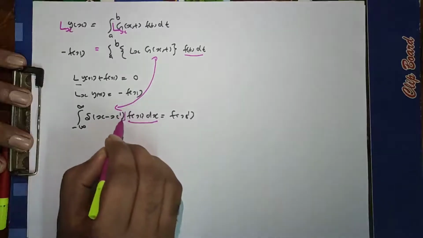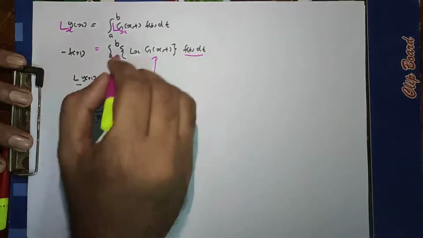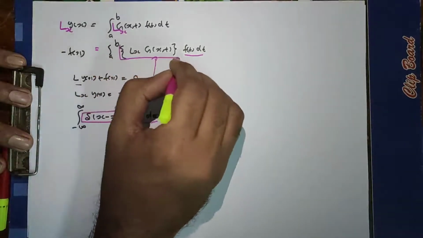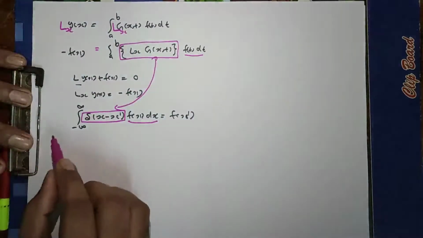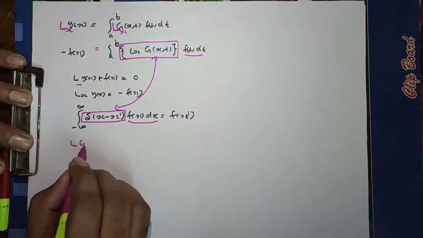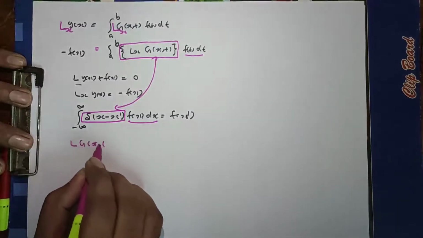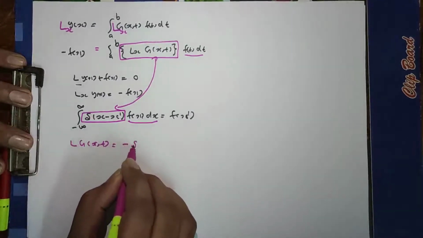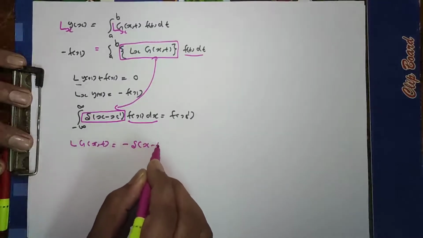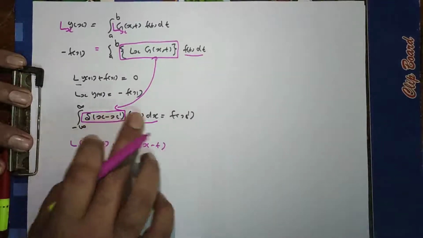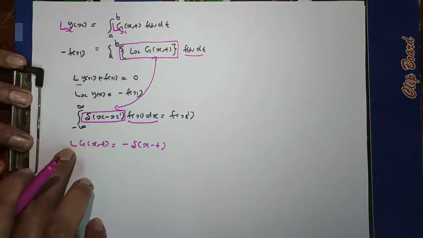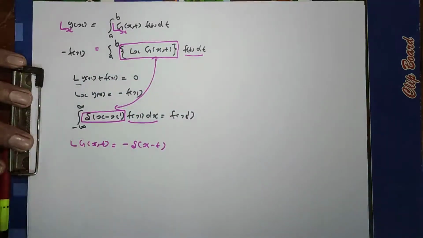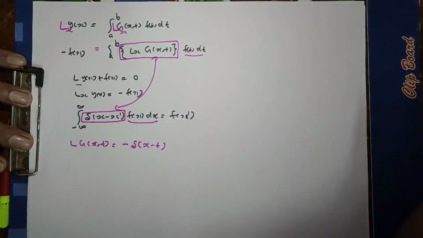The remaining term corresponds to delta of x minus x prime. So that means L operating on, or L x operating on g of xt, will be equal to minus delta x minus t. So the equation becomes L x g of xt is equal to minus delta x minus t.